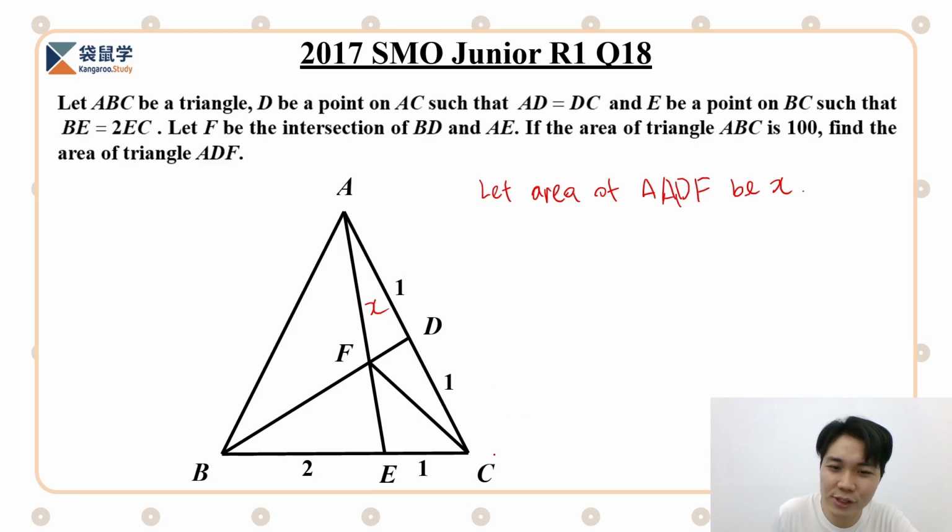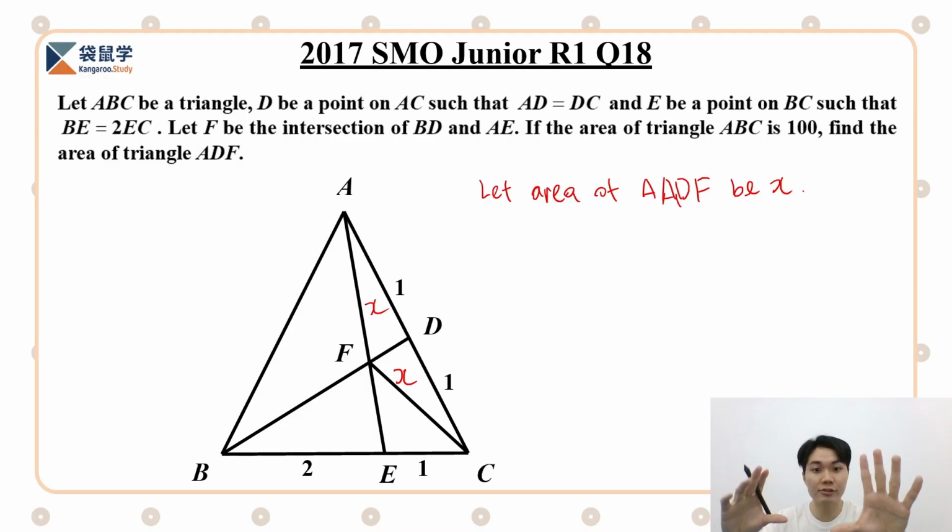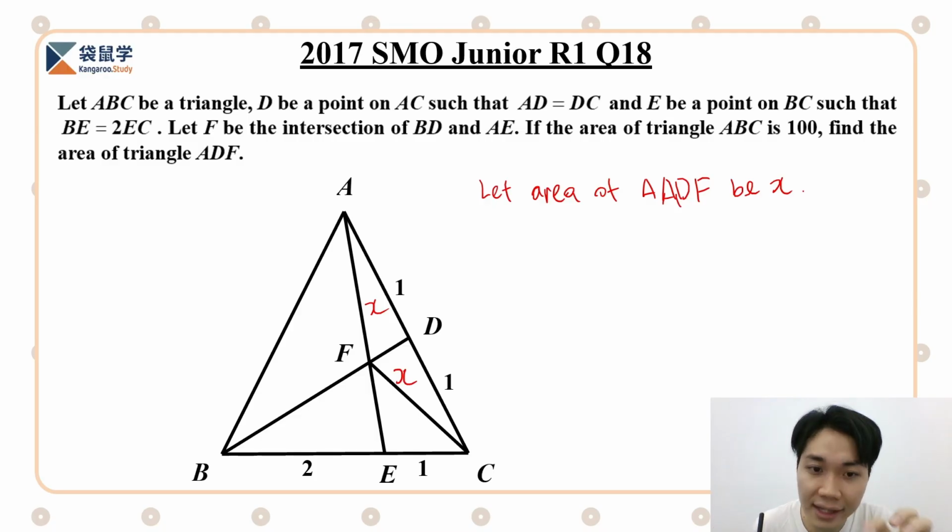Length ratio 1:1, area ratio X and X. And since we know AEC, this triangle, since the length ratio is 2:1, if you know the whole area is 100, I can also find the area of AEC. Since we know that this is splitting this triangle into 1 out of 3, we just need to represent this. But we also don't know how much is the area.